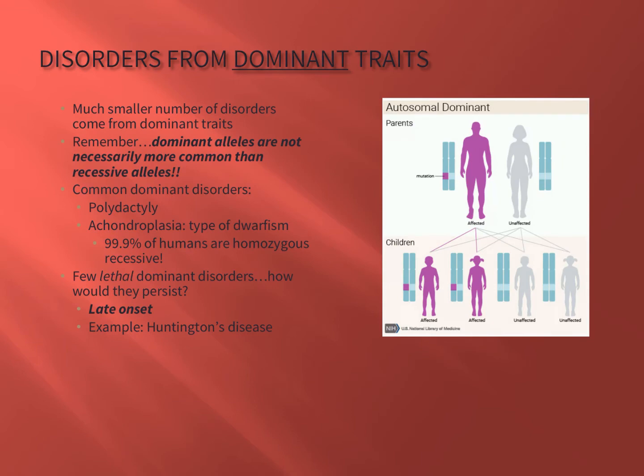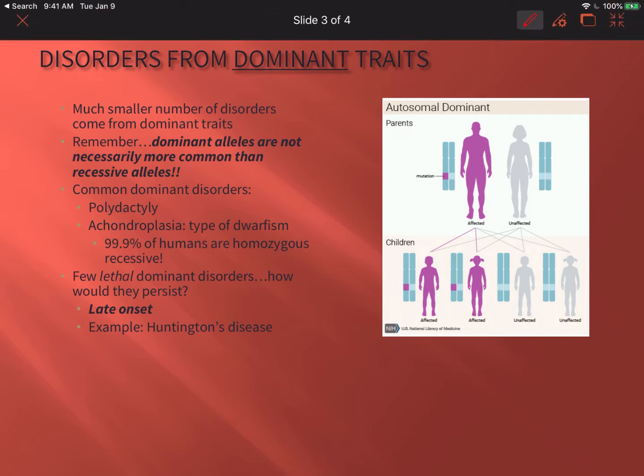And so much less common are dominant disorders, or disorders that arise from dominant traits, meaning all you need is one copy from either mom or dad to be actually affected. And so if we look at this chart here on the right-hand side, you'll notice that in this case 2 of the children were affected and then 2 were unaffected, and that's because dad was actually heterozygous, so he only had one copy, but even though he only had one copy, he was still affected.